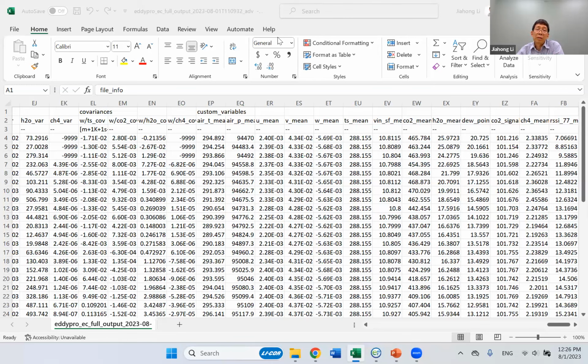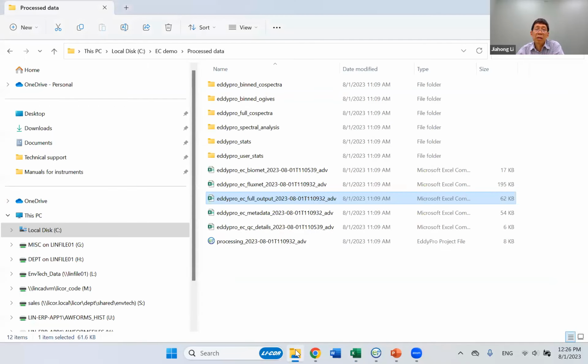For the second question, let me see here. In this spectral analysis result, there is your co-spectra, and there's another column called modeled co-spectra, and also fitted.